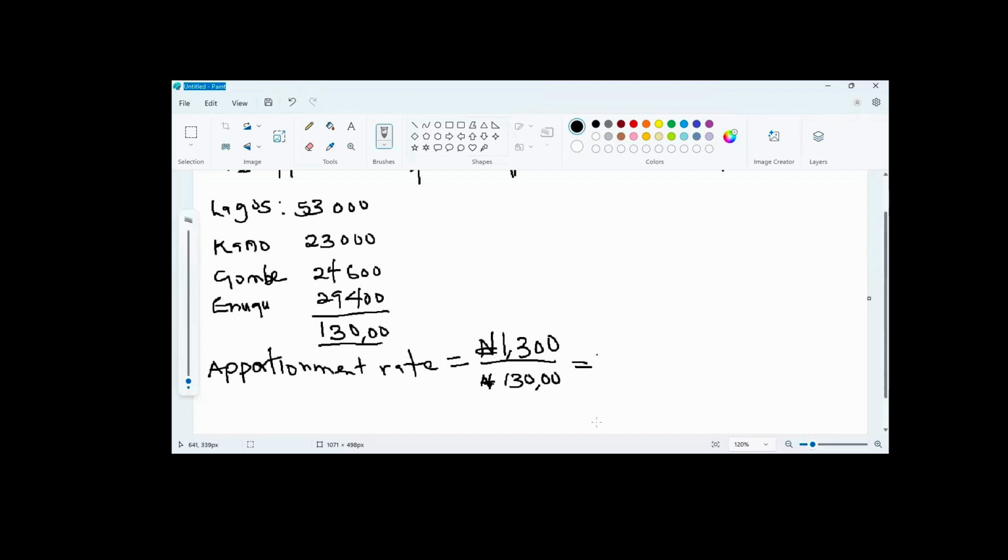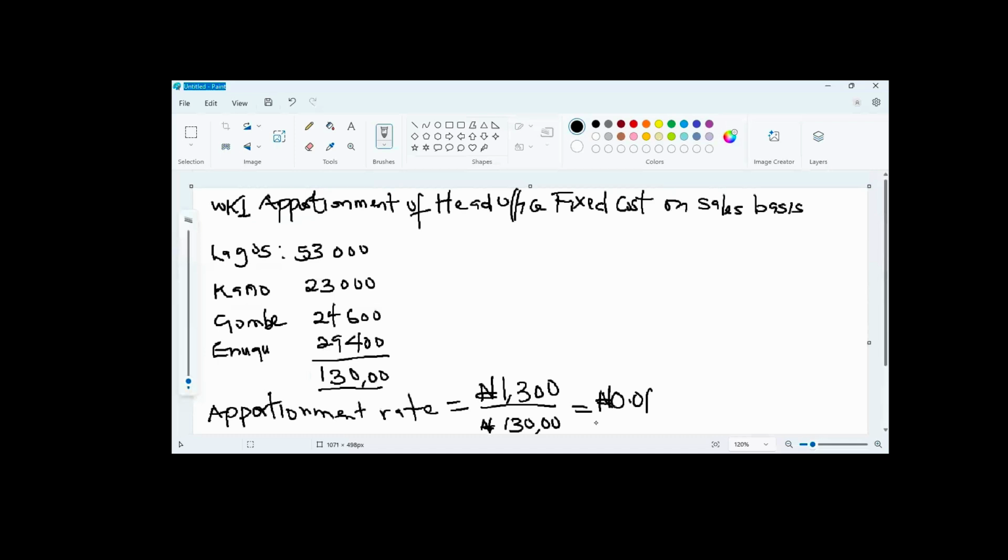This is the apportionment rate, which gives you 0.01. I can come back here and multiply each division's sales by 0.01.